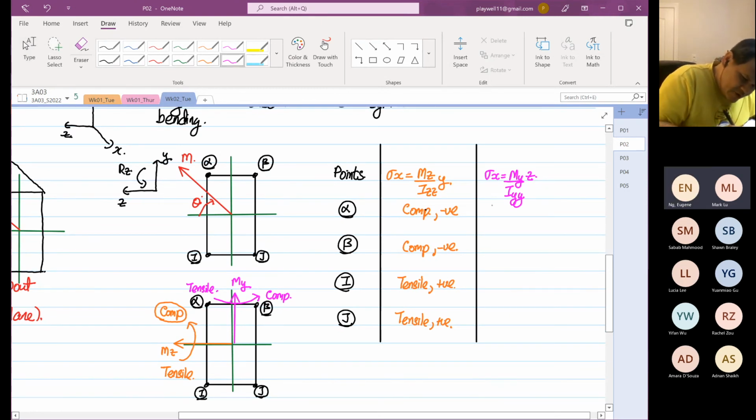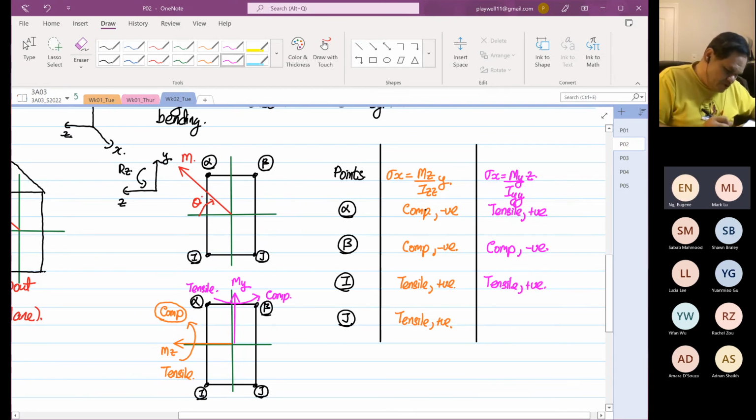This is tensile, and this is going to be positive. And beta due to My is going to be compressive, which is negative. Then point I, you can see, is under tensile, which is positive, and then point J is compression, that is negative.